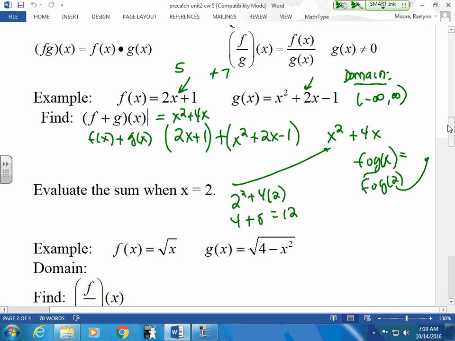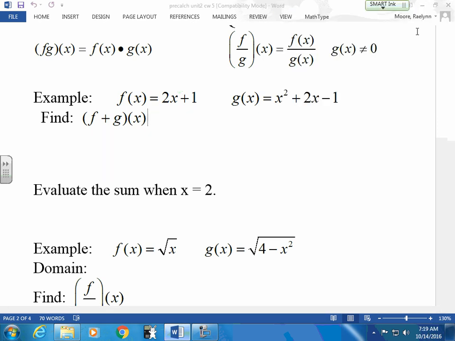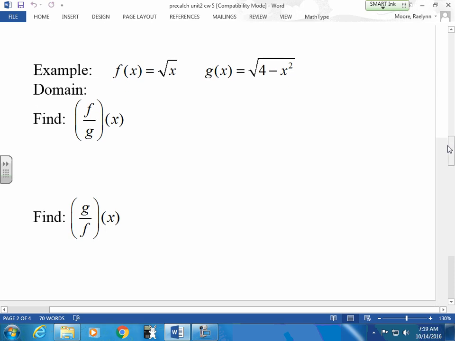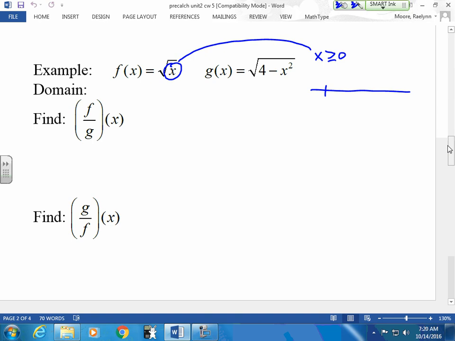Okay, good so far? All right, now normally we don't have a problem until we go to divide. We have a little bit of a problem here with our domains. So under a radical, we know that you cannot have a negative. You can have a 0. So we take this and we set this greater than or equal to 0. I'm just going to use a little number line here.